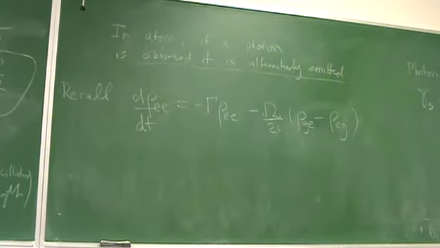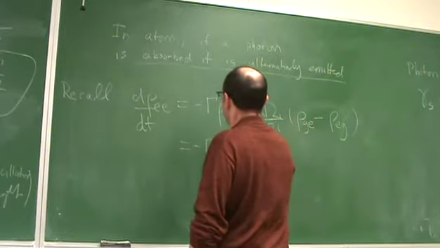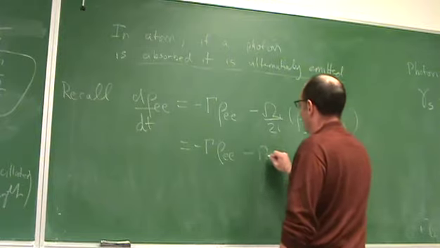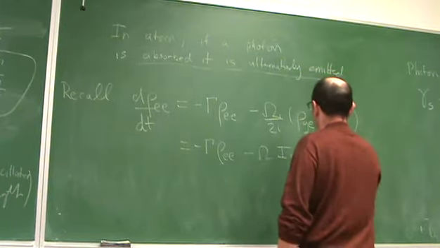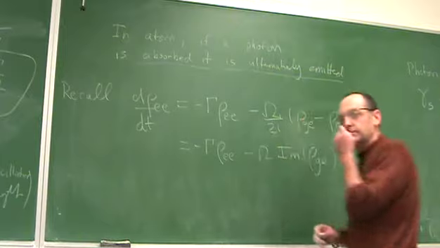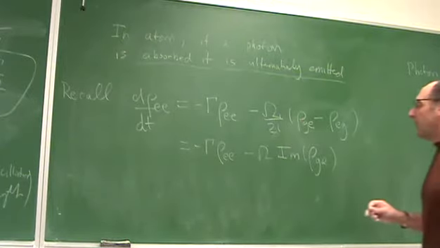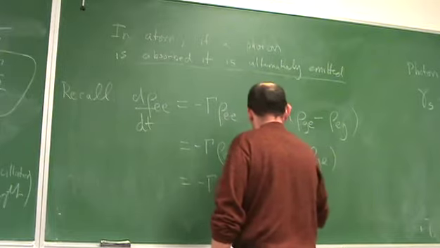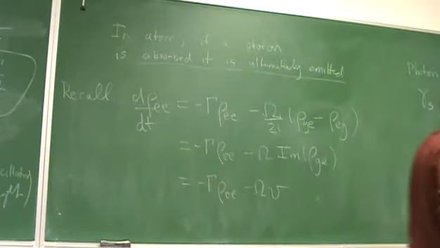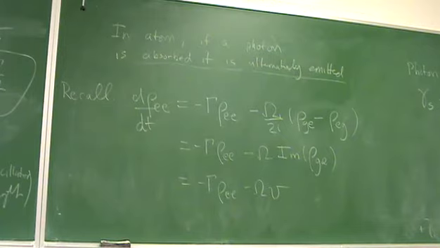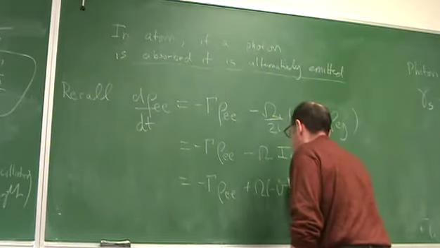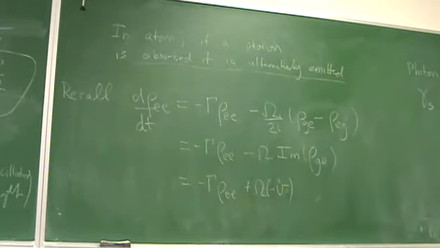Let's look at this a little bit more closely. This is minus gamma g times minus the imaginary part of rho g, which we call equal to v. Remember, v was the imaginary part of that coherence. So let me write this as plus this times minus v, because minus v is a positive number.